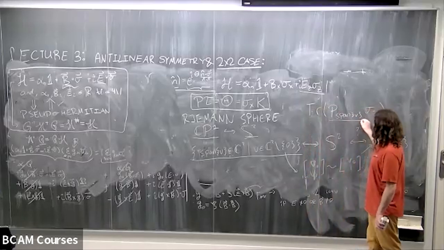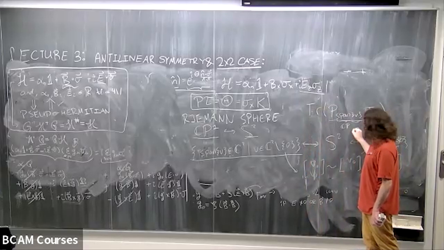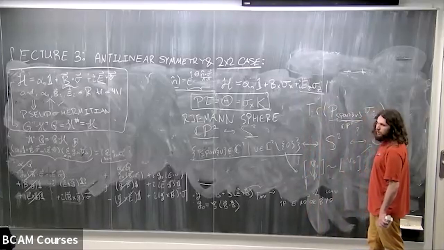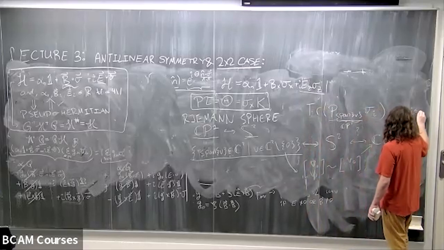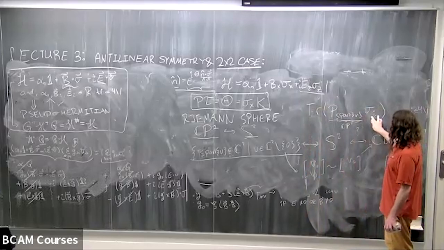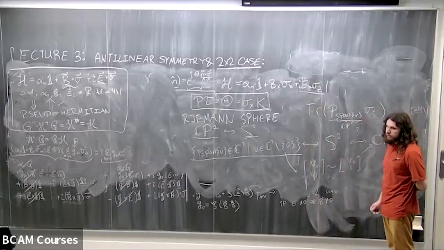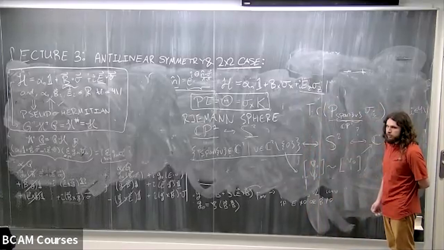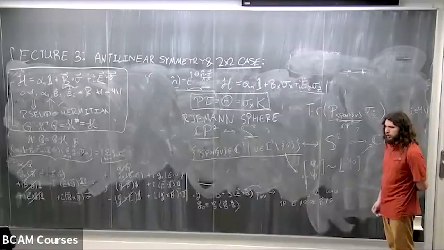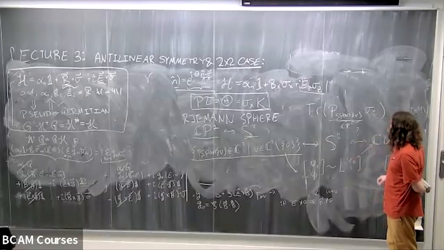So this is a map that takes something in CP1, and the output is going to be a collection of 3 numbers. I'm only going to look at these 3, because if you look at the trace with respect to Pauli 0, you don't get anything interesting. You just get the trace of an orthogonal projector, which is going to equal 1. So you can just ignore that.